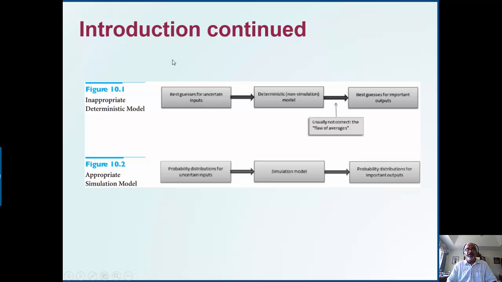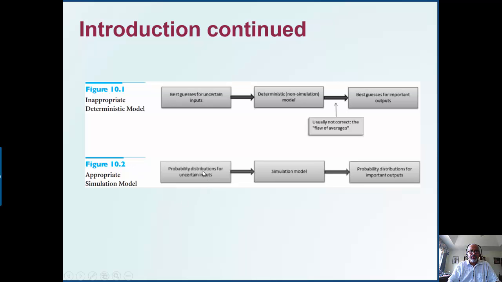But in reality, the actual values of the input are going to be very different from the average value. We ignore all of those variations, so we end up with unrealistic output values, and that's called the flaw of averages.